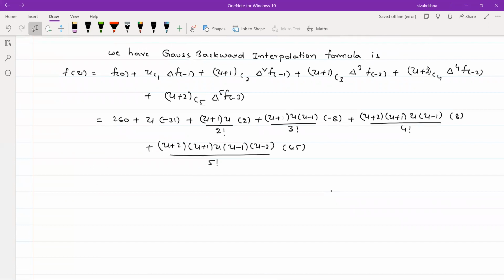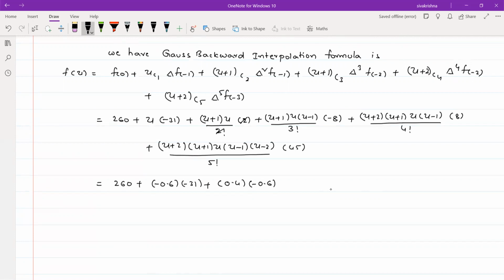Okay. And once again we have to substitute the value of u as minus 0.6. So 260 plus minus 0.6 into minus 31 plus minus 0.6 plus 1 means 0.4 into u, which is minus 0.6, into, so this 2 and this 2 get cancelled, 2 factorial and 2.